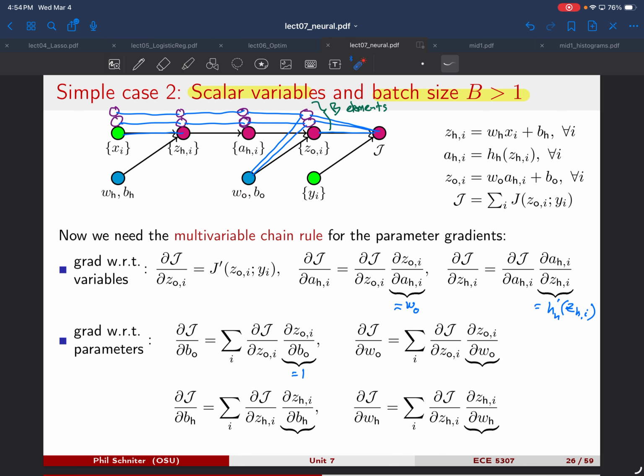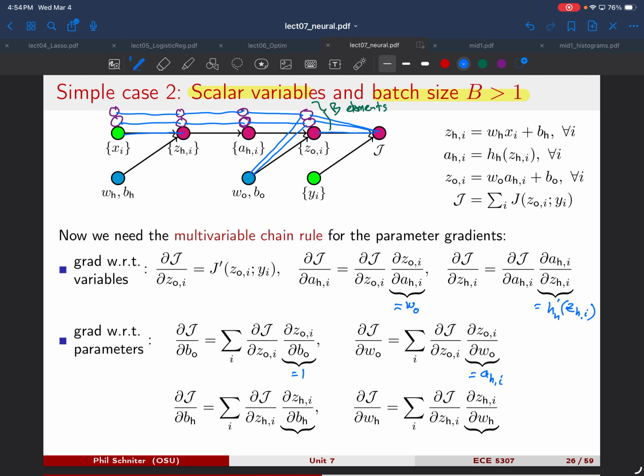Making sense? Okay, great. And then for W_o, essentially the computation graph looks the same. And dZ_o^i/dW_o is just a_h^i. Okay.